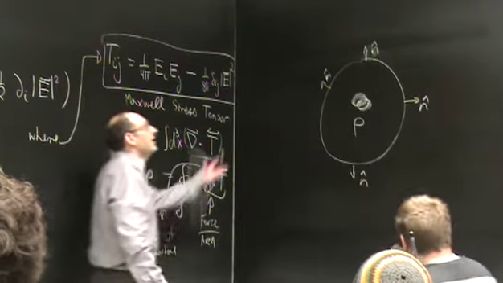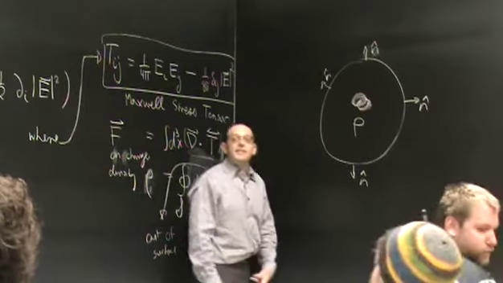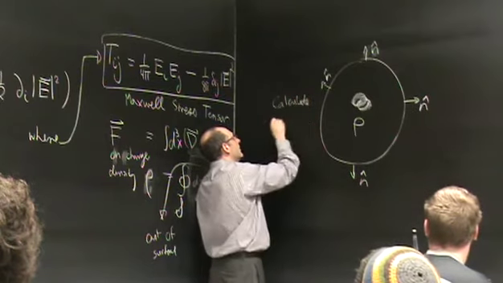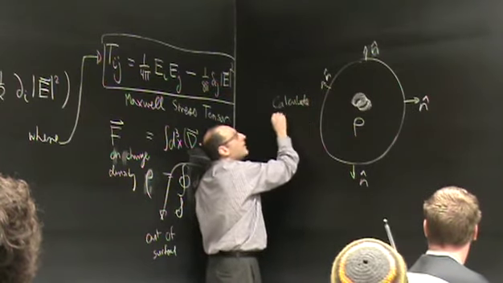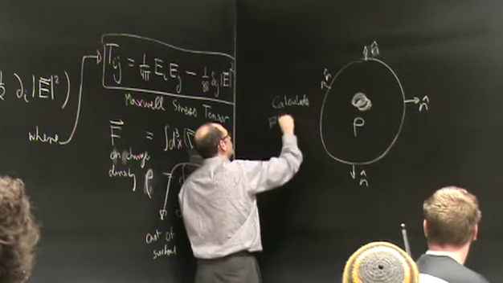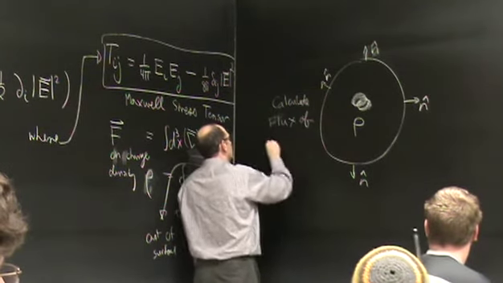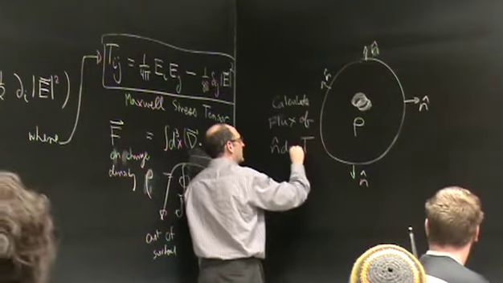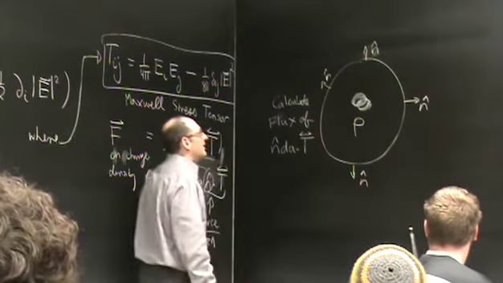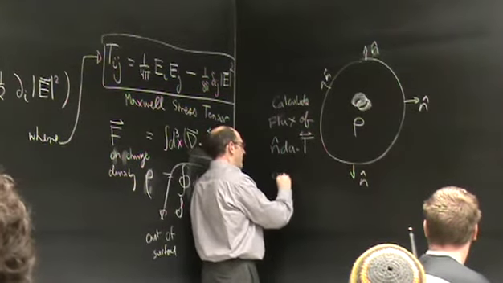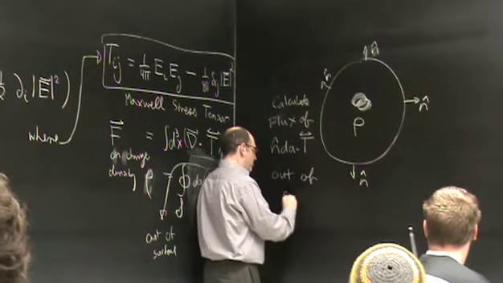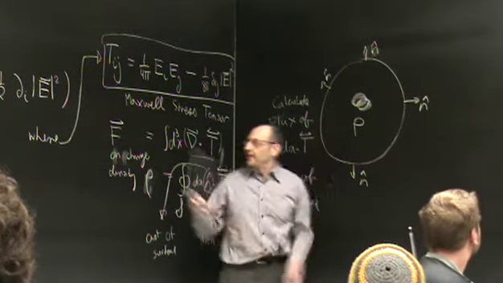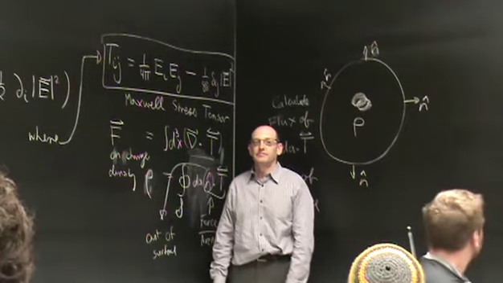And I calculate the flux of the tensor dotted with n hat dA out of that surface. And that flux is equal to the force acting on the charge. Okay?